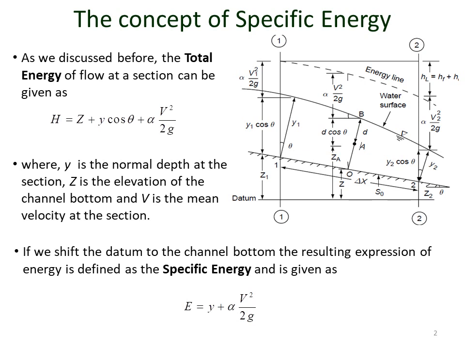If we do that, the expression of the specific energy becomes capital E equals Y plus alpha into V square by 2G, where alpha is the kinetic energy correction factor.